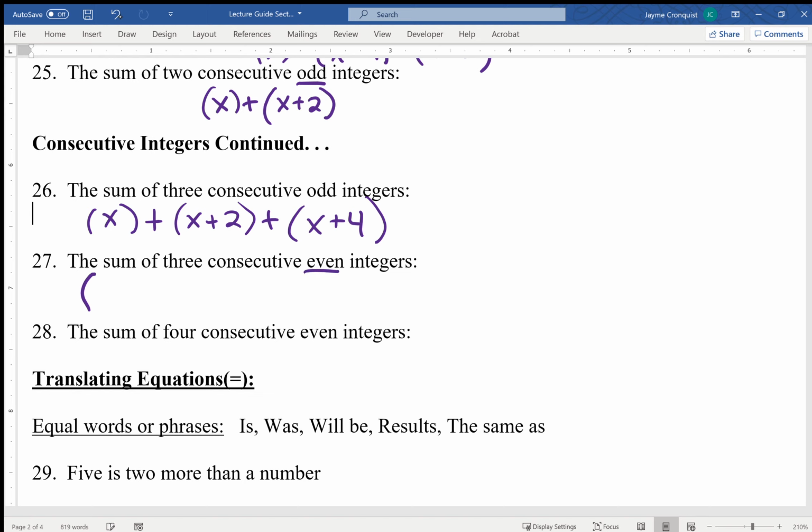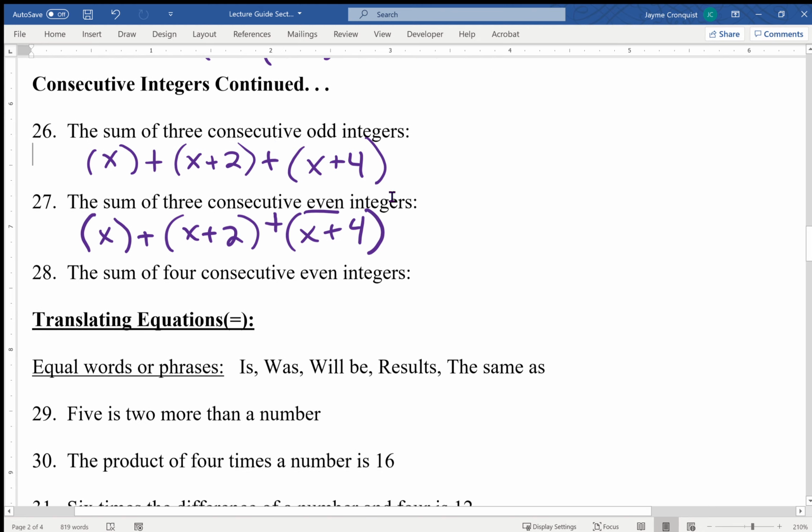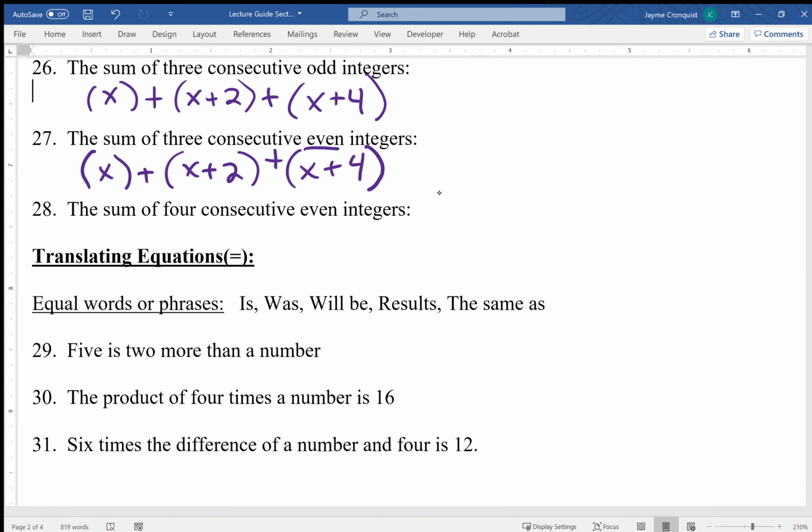Now this is going to look exactly the same. The first one, the second even integer, the third even integer. The sum of 4 consecutive even integers. I'm going to do this without all the parentheses. I'm tired of writing parentheses.